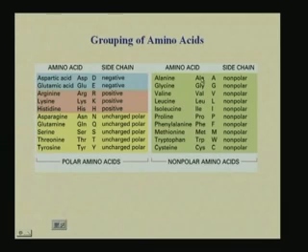We have alanine, glycine, valine, leucine, isoleucine, proline, phenylalanine, methionine, tryptophan and cysteine. Now, the last 3 of these have heteroatoms in them. Okay? Methionine has a sulfur, tryptophan has a nitrogen and cysteine also has a sulfur.